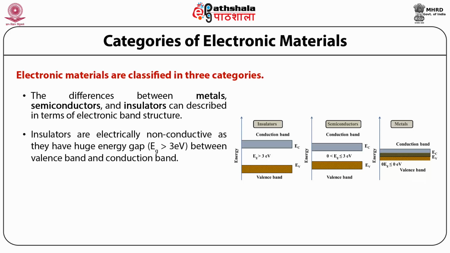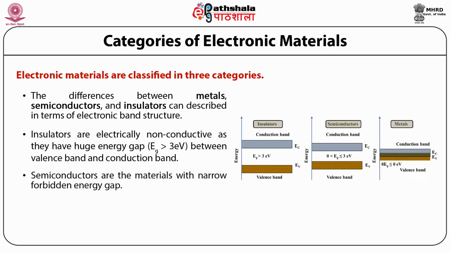Insulators are electrically non-conductive as they have huge energy band gap, greater than 3 electron volt, between the valence band and the conduction band. There is no free electron available even at high temperature, thus they cannot make any contribution in the flow of current in crystals.